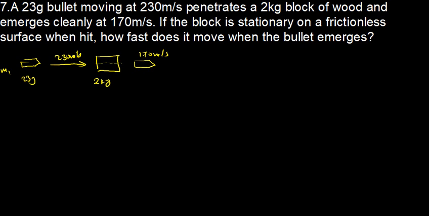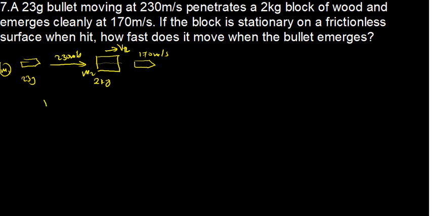Okay. Now I want to find, because when the bullet comes out, this block is also going to be moving. So let's call that one our V2. Okay. So if this is our M1, then this will be our M2, the block.